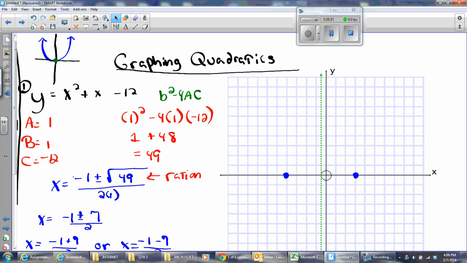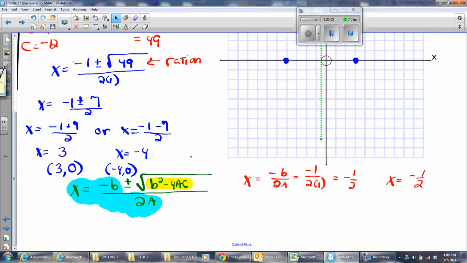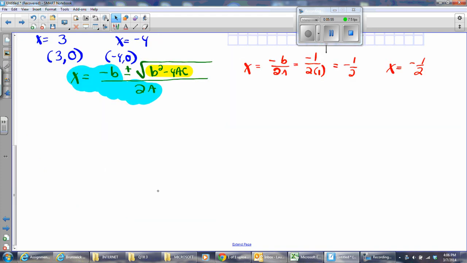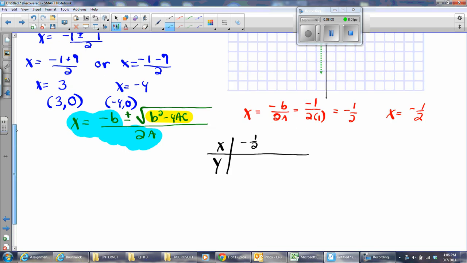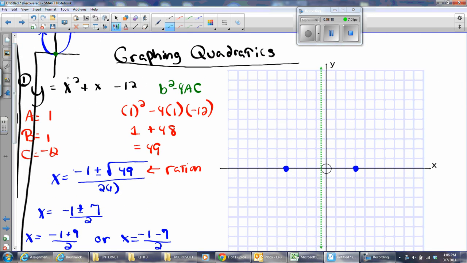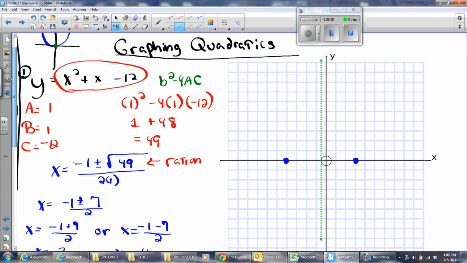So let me find the rest of my vertex. I've got the x-coordinate of my vertex. So if you think about it this way, maybe an input-output table, I'm going to say x is negative 1/2. I'm going to plug into the original equation. All right, so I'm going to plug negative 1/2 in right there.